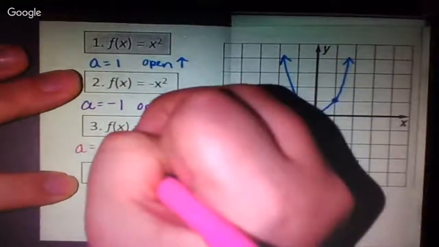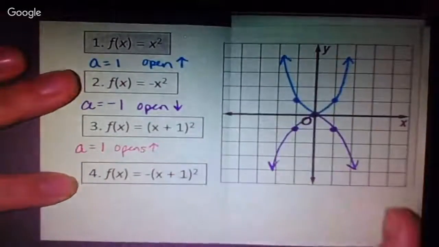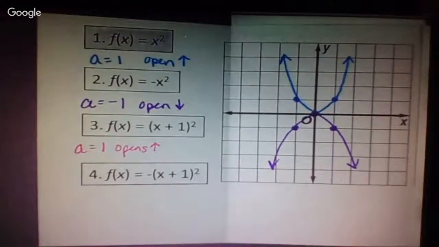So a equals 1, which means opens up. Okay, but I've got x plus 1 quantity squared. So what else happens to my picture? It's a horizontal translation. Which way are we going? To the left.